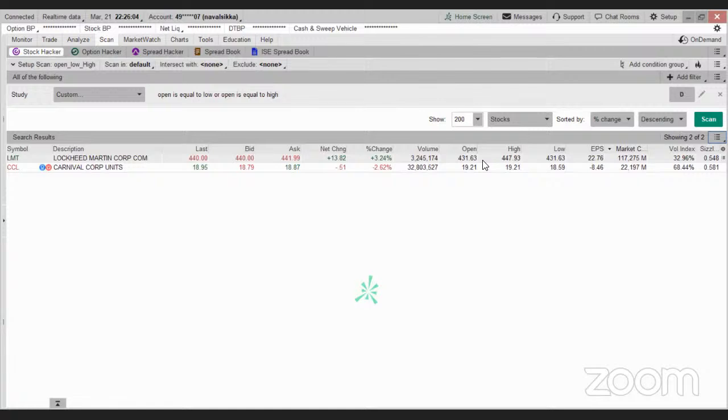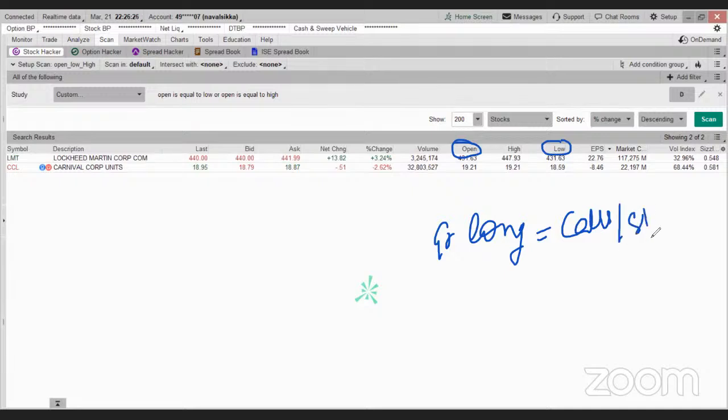Whenever you see the open price and the low price same, you can create a very simple scan for this. And once you do that, whenever you find open and low equal, you need to go long, meaning you can buy calls, stocks, or short puts.